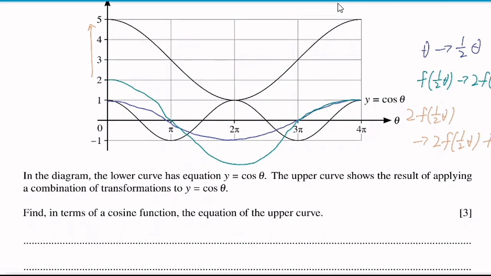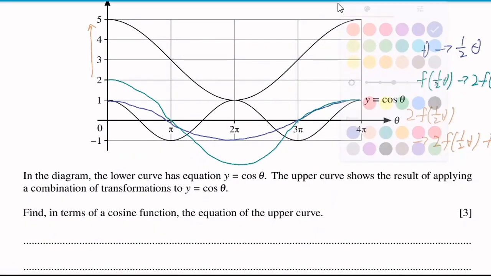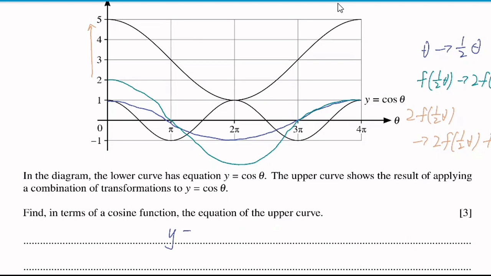So when we want to write that as a cosine function, y becomes y equals 2 cos half theta plus 3. If we want to check whether our answer is correct or not, you could always sub in some value of theta here to check whether it gives you the corresponding point on the curve or not. You can always sub values to check.